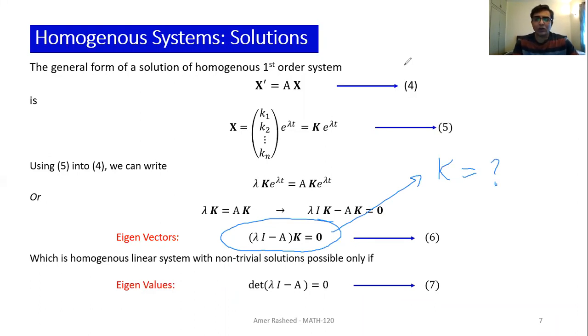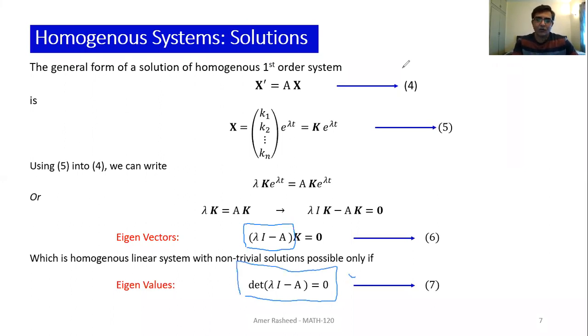But we can only find a non-trivial k if this system has non-trivial solutions, which happens when this coefficient matrix is singular, its determinant equal to 0.